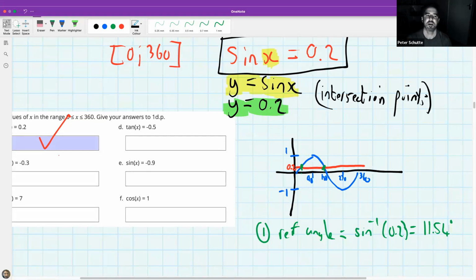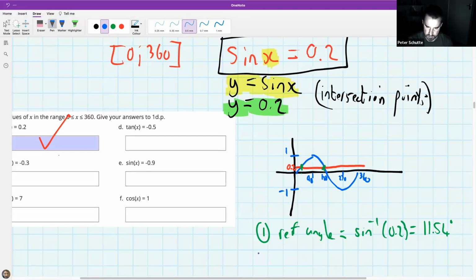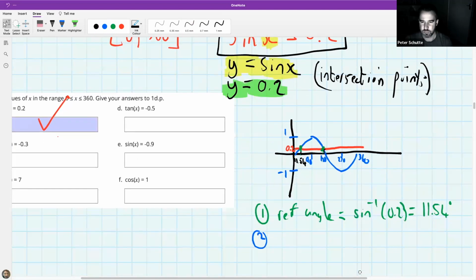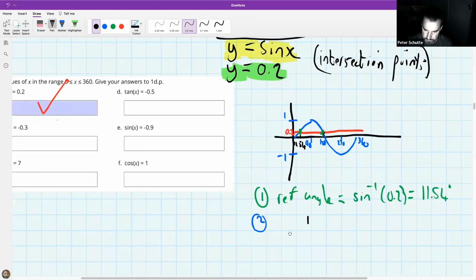Okay, now, for a trig equation, one of the problems we have is that you've only got one of the answers. You've got the very first one, 11.54, which is this one over here. But how do we find the second answer to this? The way we do it is we use something called the CAST diagram. We can even look at the graph here and say, in which quadrants is sine positive?